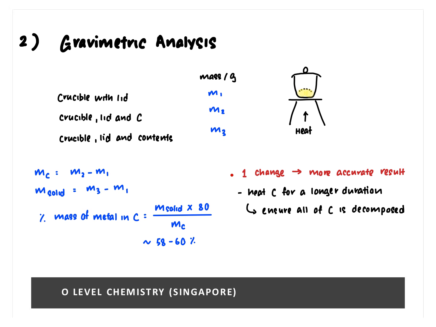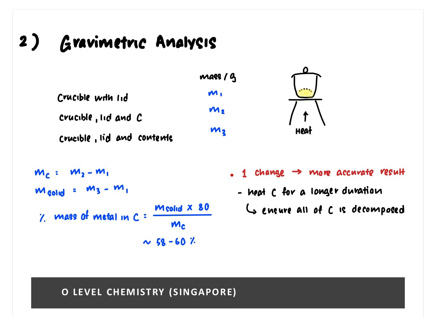Now, when I first saw this question, I was a bit puzzled as to why the formula for the percentage mass is given, which makes the question a lot easier than if you were to calculate from scratch. But then I realized the reason for that is because they coupled the gravimetric analysis with qualitative analysis.